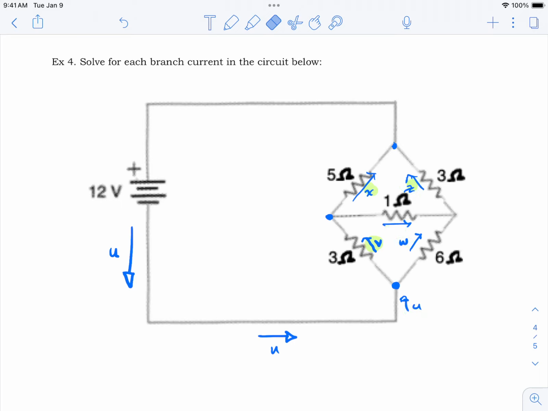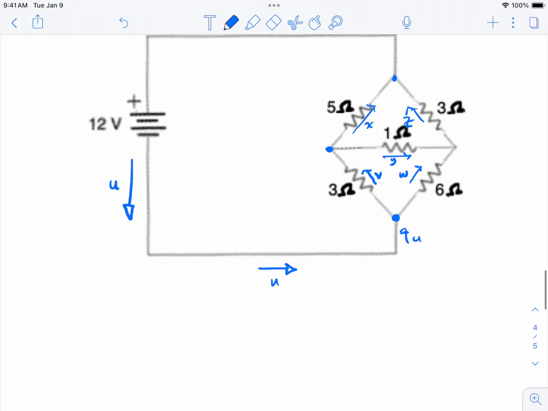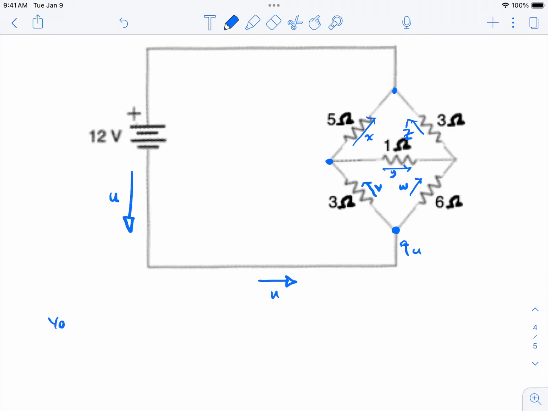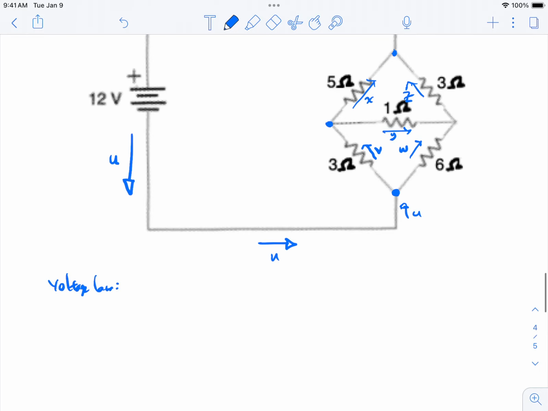And in order to solve for them, we need to know a little something else about electricity. There's something called a voltage law. The voltage law says basically this.